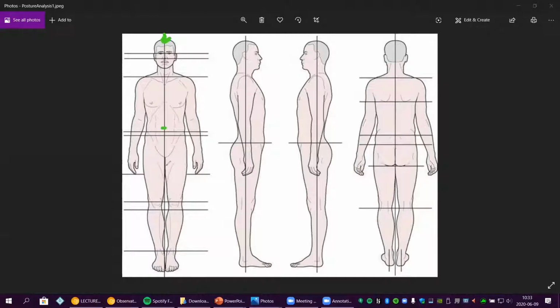That midline should fall between the knees and eventually land between the toes at the base.